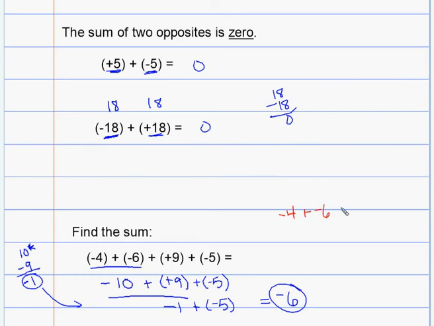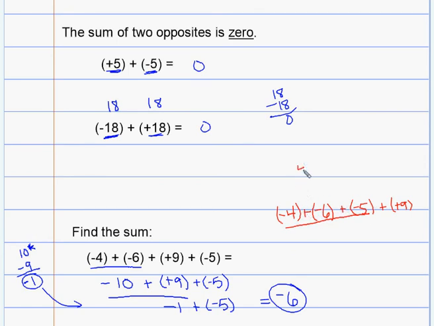If I were to have grouped all these together, I could have done negative 4 plus negative 6 plus negative 5 plus positive 9. That's what I meant by we could rearrange the problem, use the commutative property to reorder, and then we could do all these at one time because they're all the same signs, so you're just adding all the absolute values.